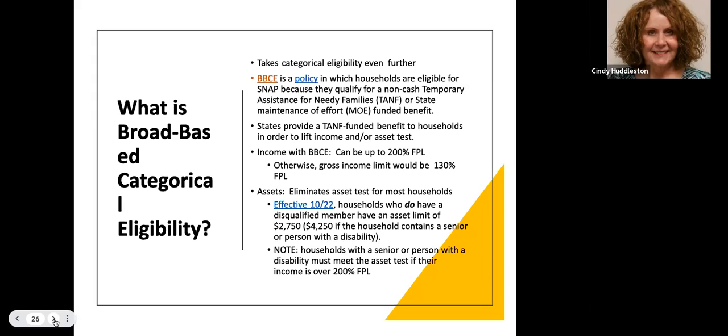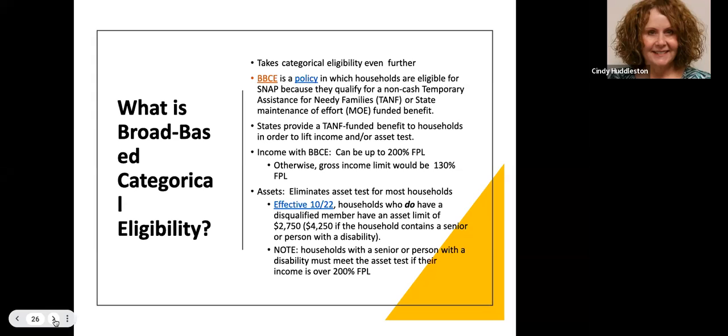Under regular federal rules, not broad-based categorical eligibility rules, SNAP households, except for households with a person who is a senior or has a disability, most households have to have gross income below 130% of the federal poverty level for regular SNAP, even if they have deductions that would increase their need for help and reduce their net income to SNAP qualifying levels.